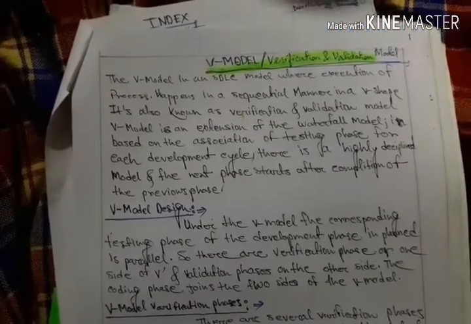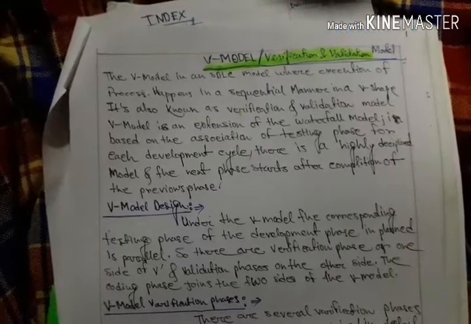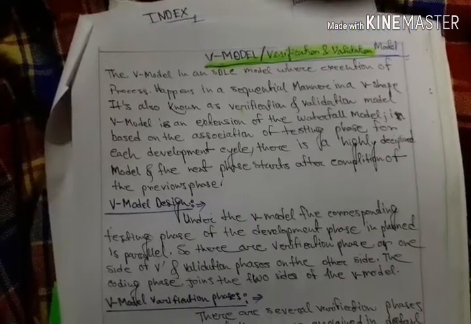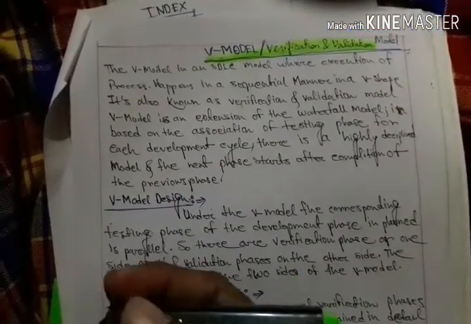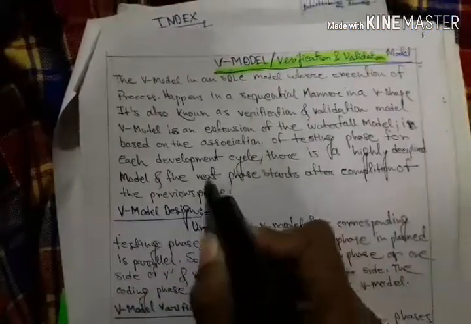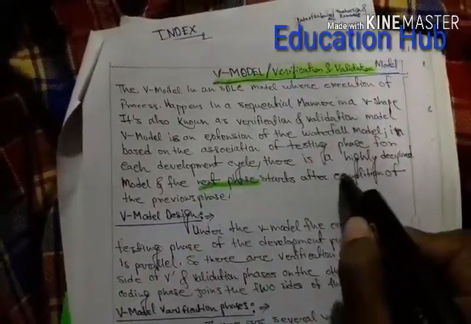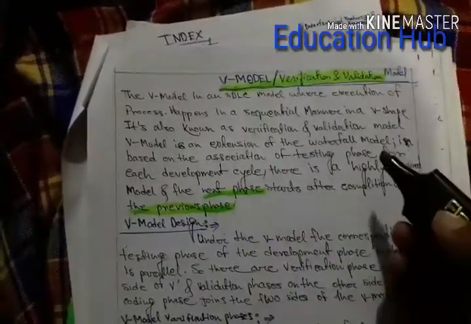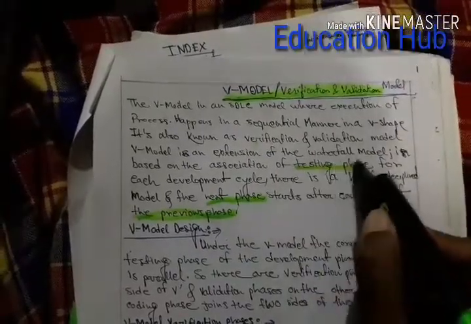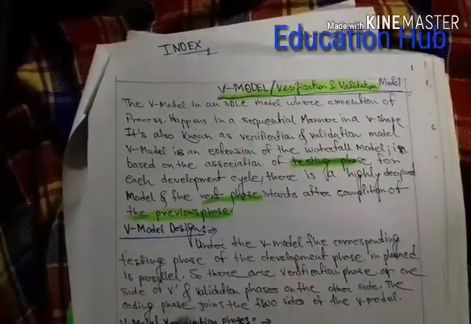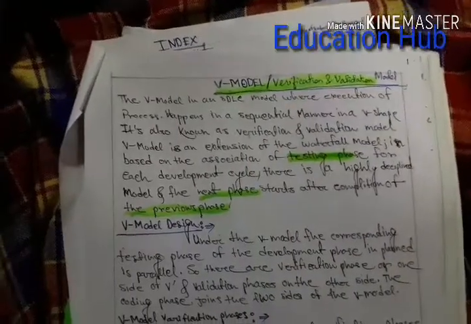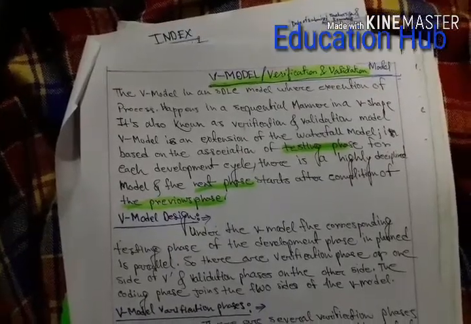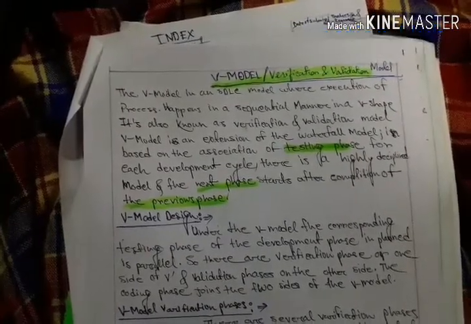It is based on the association of a testing phase with each equivalent development cycle. Actually, it is highly disciplined, and it will start the next phase only after the completion of the previous phase properly, and testing is always done in every phase. So, in the case of the verification and validation model, it is highly disciplined.